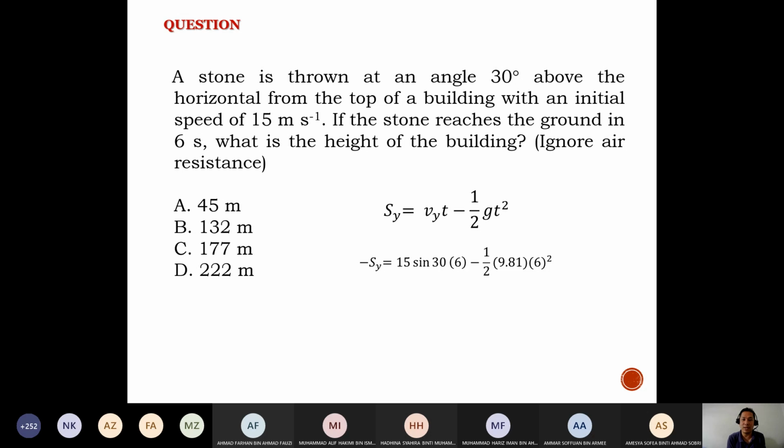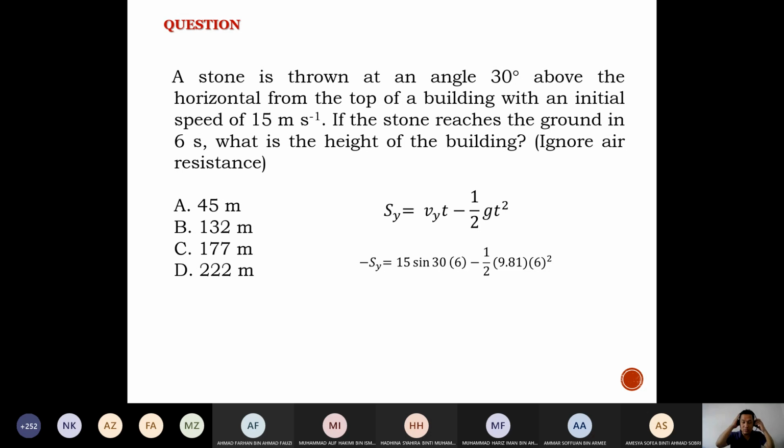After this, Dr. Samia will take over this lecture. Still in Mechanics 1, but in the topic of Newton's law, if I'm not mistaken. She will cover tomorrow and also next week.